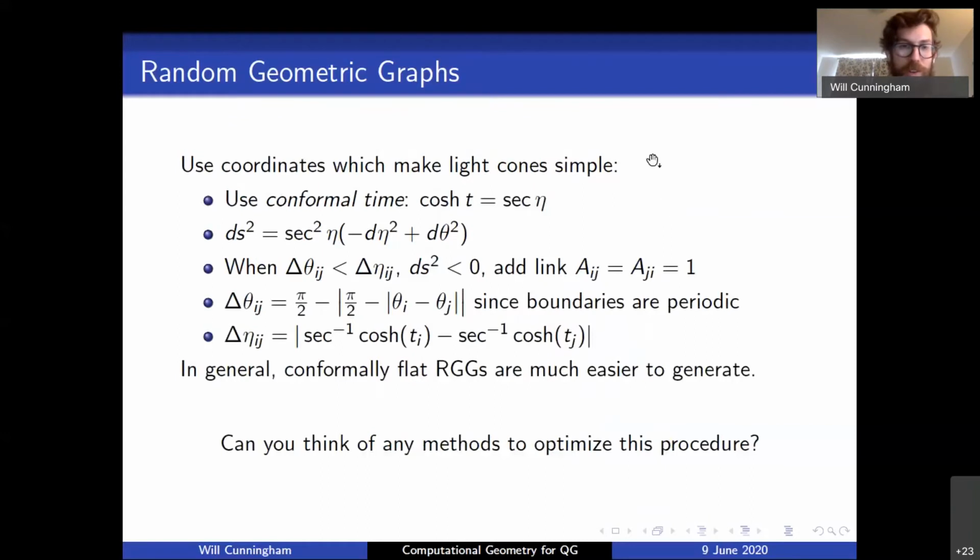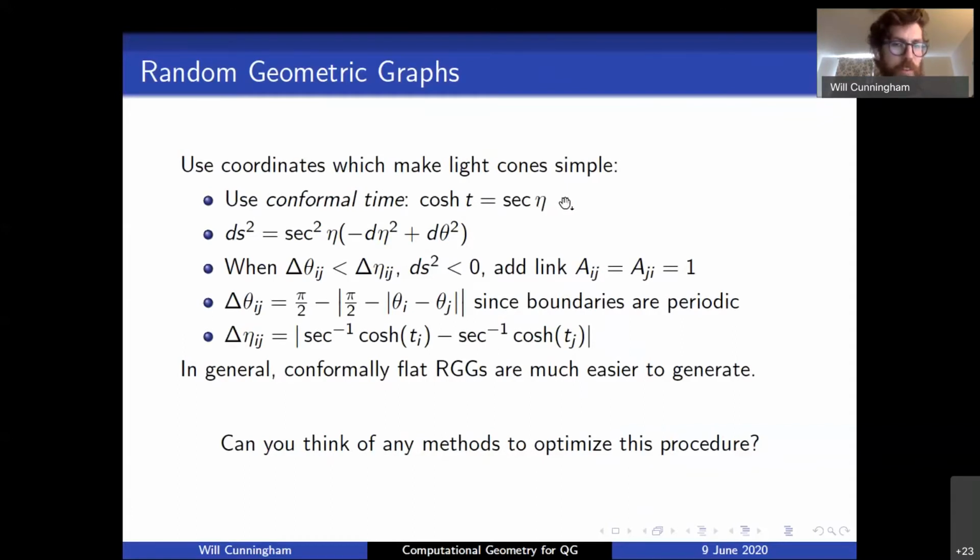What I haven't told you is that there is a simpler way to do this. It's important that you use the right coordinates to do this procedure. You can use other coordinates, but computationally, you'll be wasting a lot of cycles. So we're going to use this conformal time, eta, and it's related to the original cosmological time, t, by this equation, cosh t equals secant of eta.